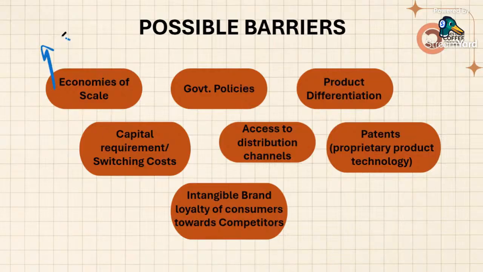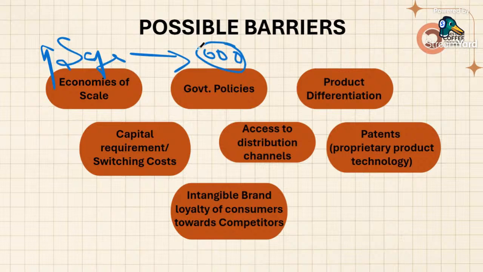When Safe Express is delivering to a specific region, they have multiple orders in that region, so the overall cost they incur will be much less than a new entrant who will have comparatively fewer clients or a smaller network in that region. So economies of scale could be one of the barriers.